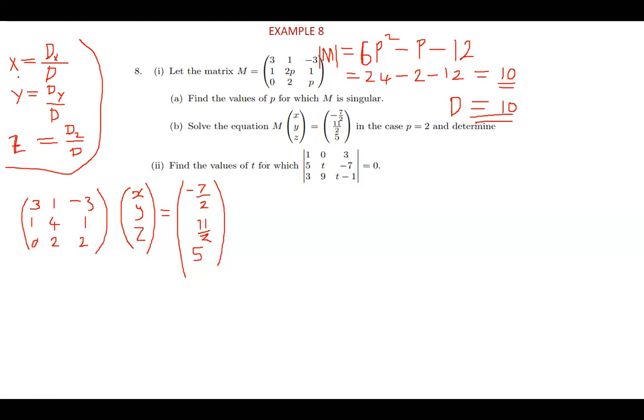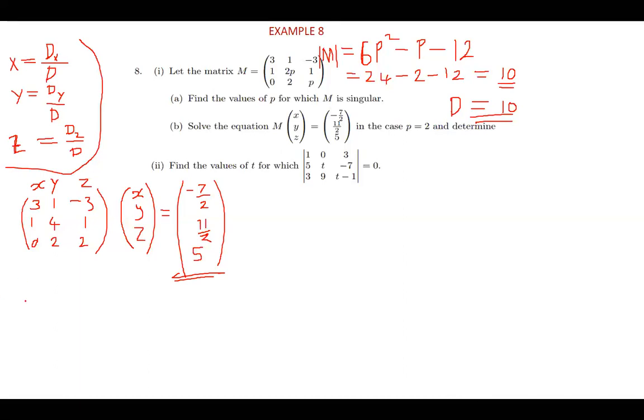To find Dx, you are going to get the solutions here, and you replace them in the x column. So the x column is this. This is the y column, and then this is the z column. So you replace the solutions in the x column, and then find the determinant.